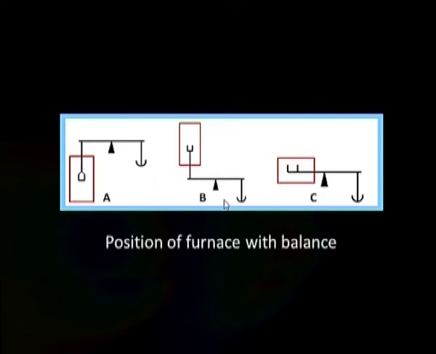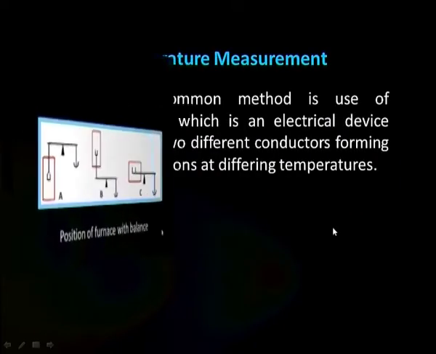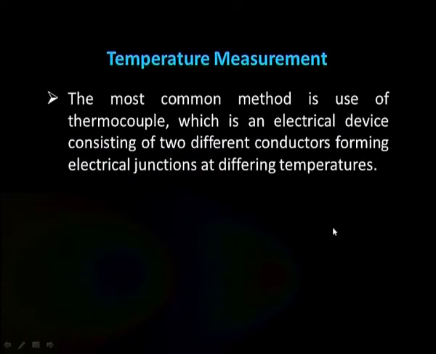In case B, you can see they are vertically opposite. The furnace is on the left, but on the top, and the balance is on the bottom side. In case C, we can see that the furnace is on the same horizontal axis, whereas the balance is in the right hand corner.